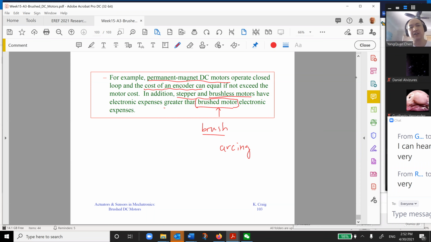That arcing can be dangerous if you are working in an environment where the surrounding air is dusty or explosive, so it's not safe. For example, an underground mining environment. This arcing can be disastrous. That's why there is a safety issue using a brushed motor. Okay, so I think we finished the brushed motor side.